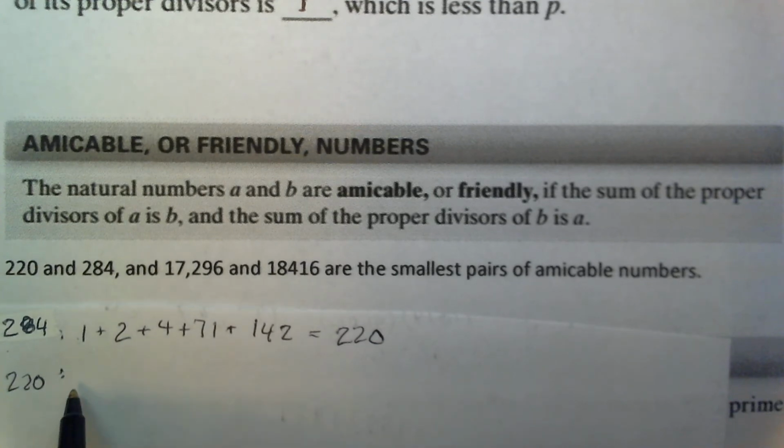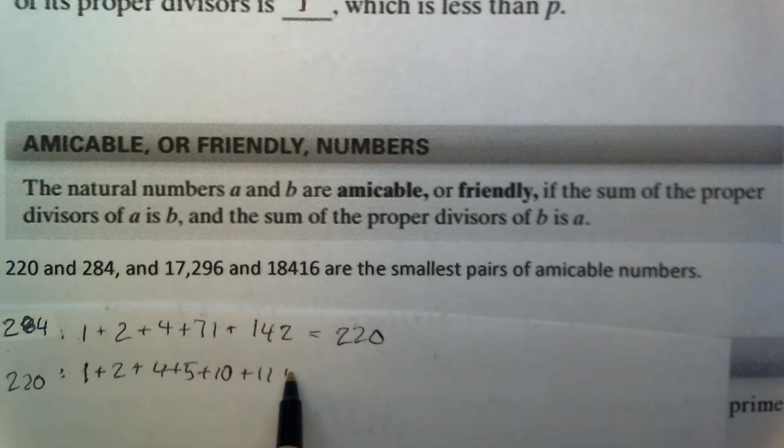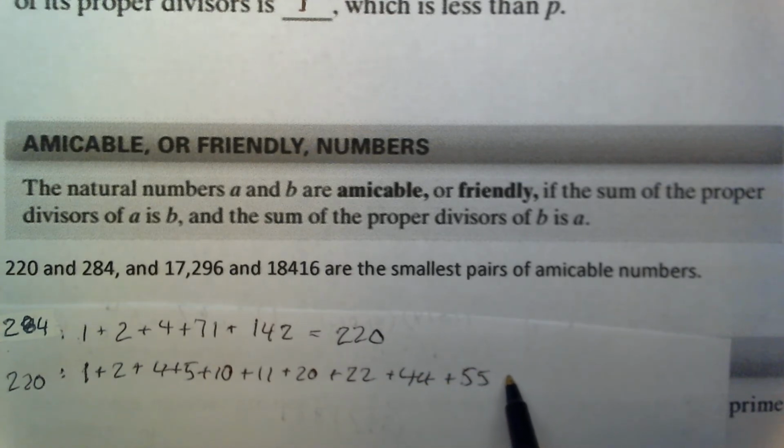The sum of the proper divisors of 220 is 1 and 2 and 4 and 5 and 10 and 11 and 20 and 22 and 44 and 55 and 110.